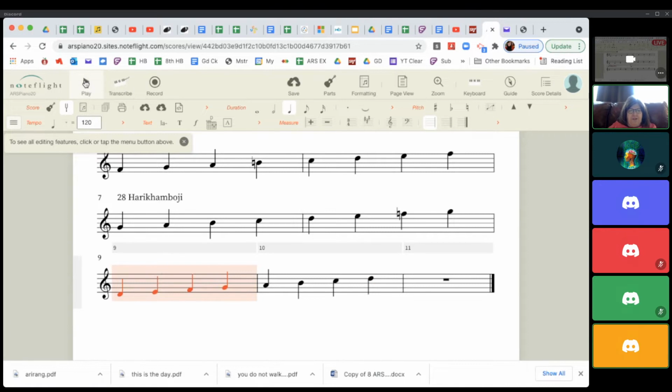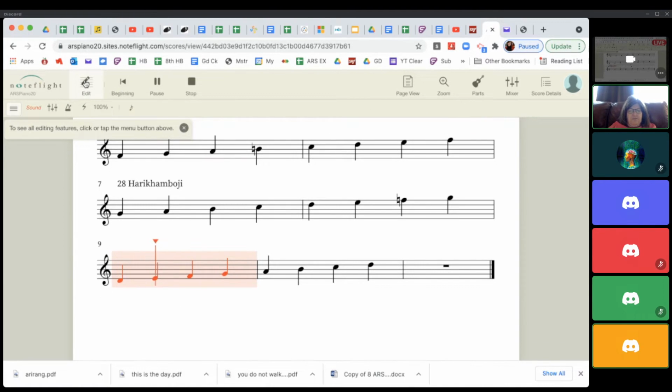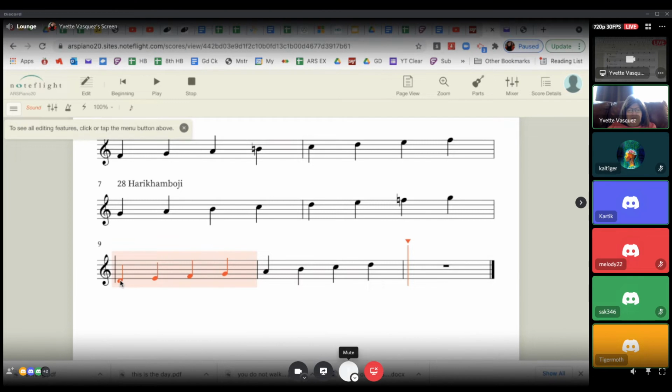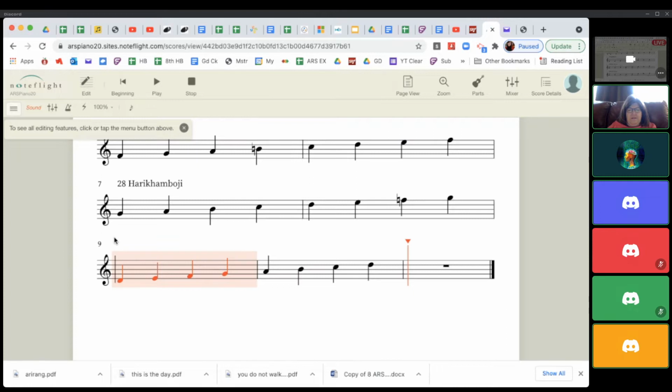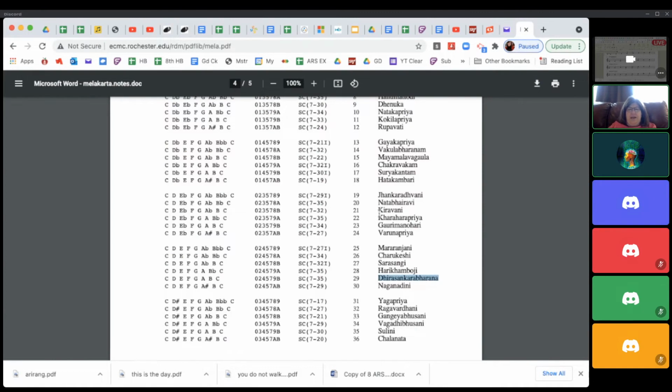Is that familiar? Let's listen to it together. It's Karahara Priya, number 22. Okay, this is actually called the Phrygian Mode.